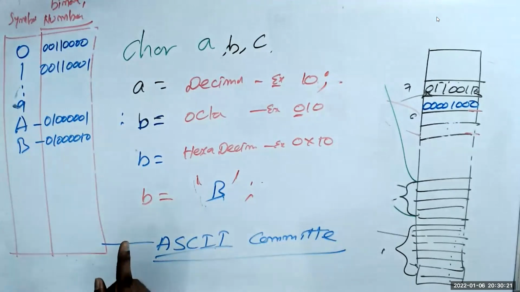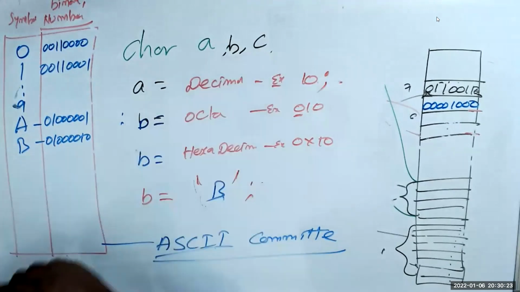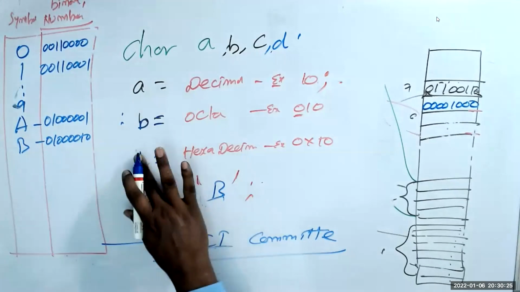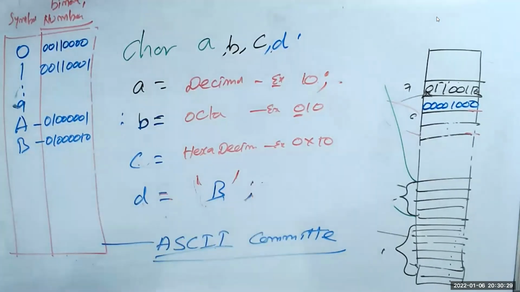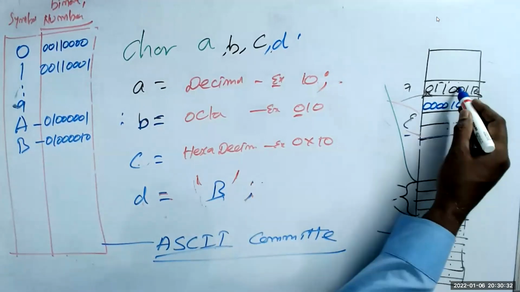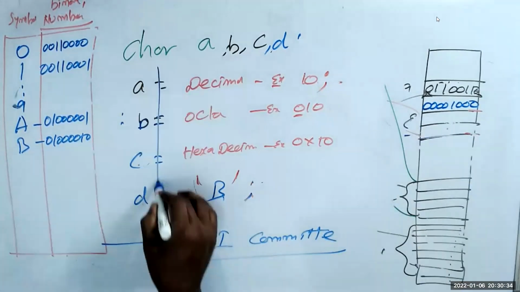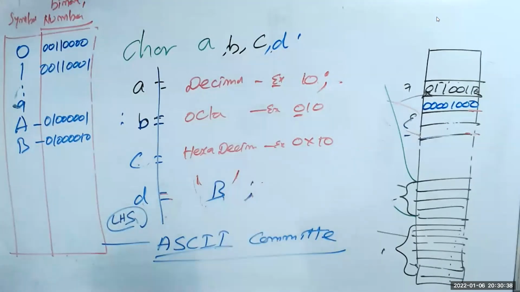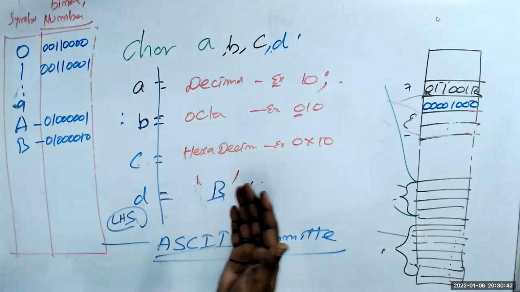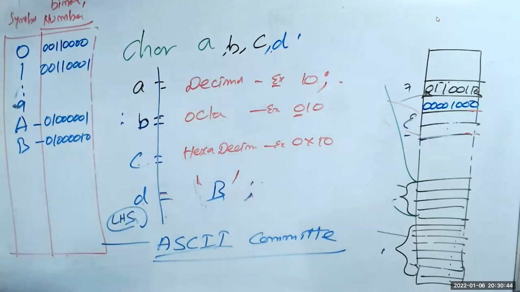But understand one thing. I may here put A, B, C, D. When it goes here, everything is binary. See, the left-hand side is always binary. The right-hand side could be anything. But once you convert it, nobody knows what was the original it came from. For example, let us see.